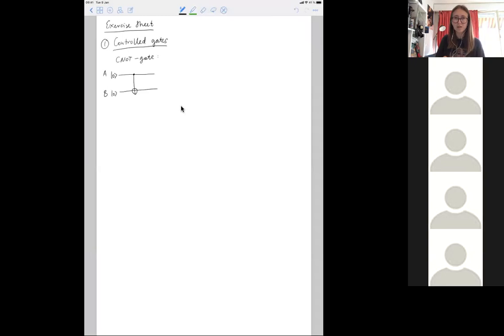Maybe a small interlude before I continue further. The gates that you see here, these two-qubit gates and also one-qubit gates, can be drawn in this way to form a circuit. You'll probably see quite a lot of these circuits during the semester. I would really recommend that you sit down and analyze a couple of circuits that you encounter during the course. First, that's most probably going to be one of the exam questions.